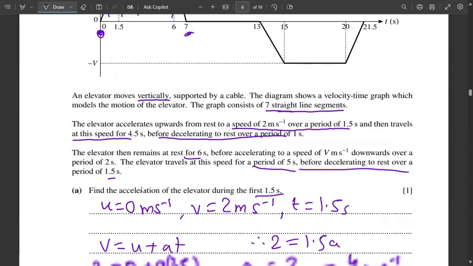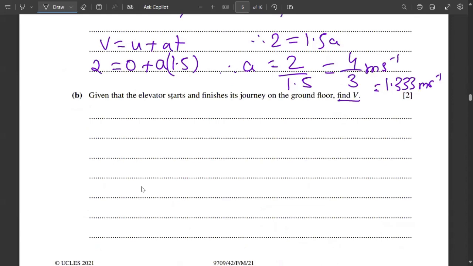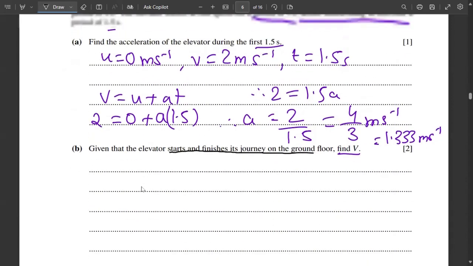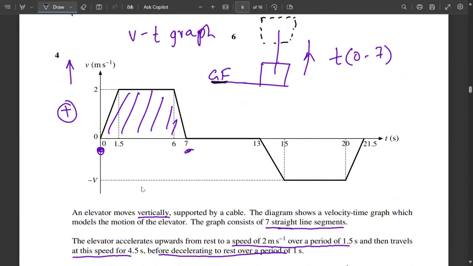And after that, what they have told us is that the elevator starts and finishes its journey on the ground floor. That means after this movement, this is negative, right? What do I mean by this being negative? The velocity is negative, which means the elevator moved down.